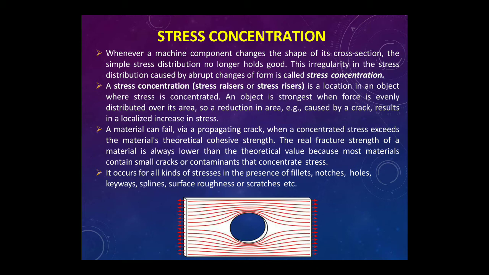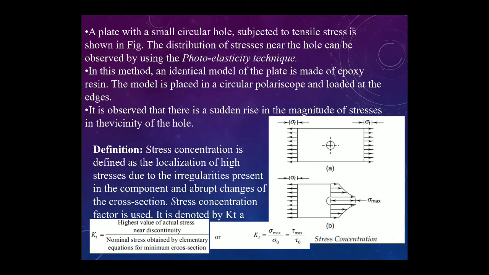The stress concentration due to cracks, as we can see from the figure in the middle section, occurs for all kinds of stresses in the presence of fillets, notches, holes, keyways, splines, and surface roughness or scratches. Let's consider a plate having a circular hole subjected to tensile stress, as we can see from the figure.